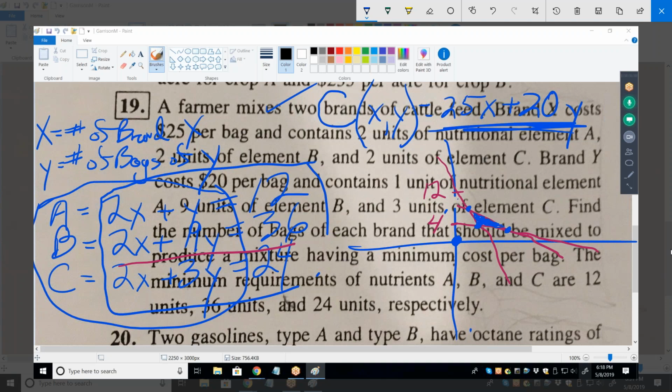We have to have minimum requirements of A, B, and C that are 12, 36, and 24. If we use the origin, we don't get any nutrients, so we don't satisfy those equations. That's convincing me that we want just the area that I've shaded in blue. That is our triangle that is going to produce the answer at one of those vertices.